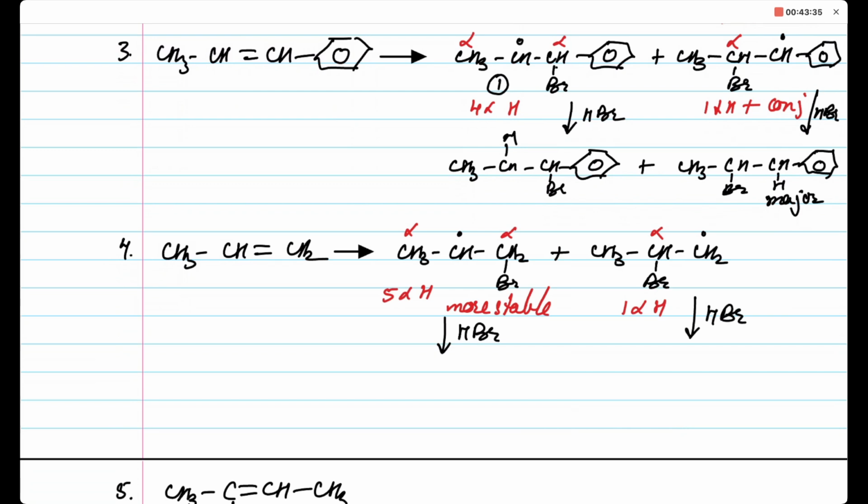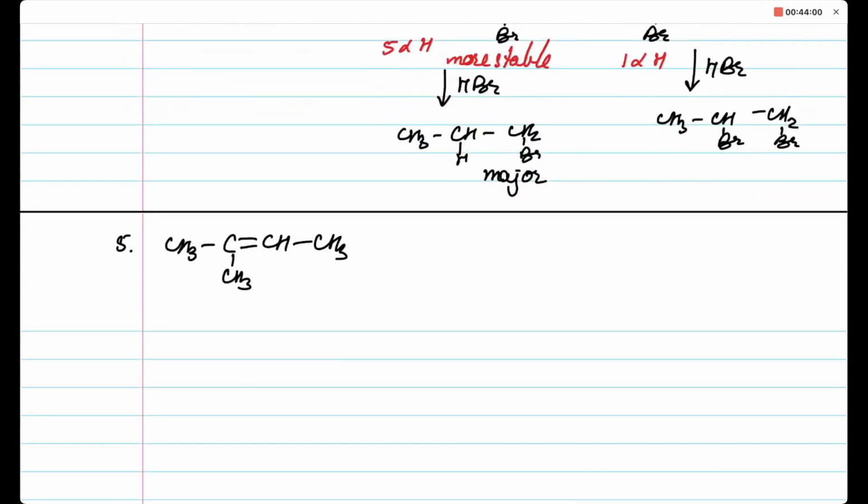When they react with HBr, it's going to be CH3, CH, CH2, Br here, H here. This is going to be CH3, CH, Br, CH2, Br here, and this is going to be the major product since it is being formed from the more stable radical.